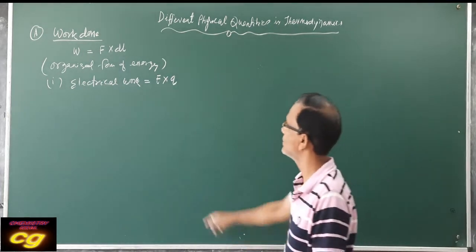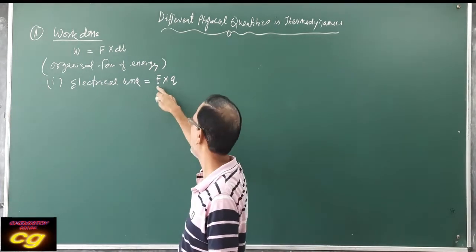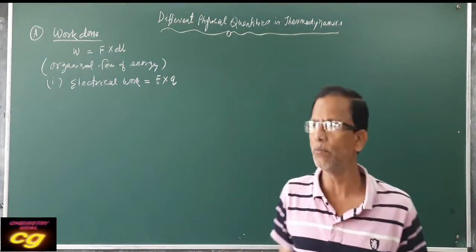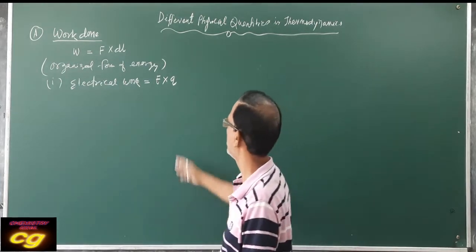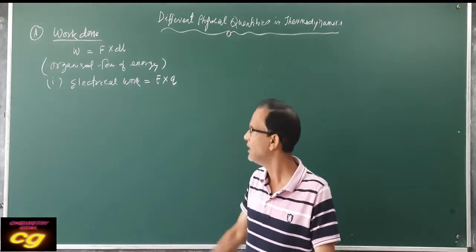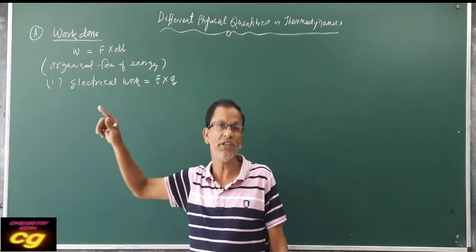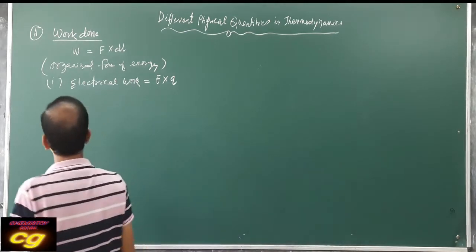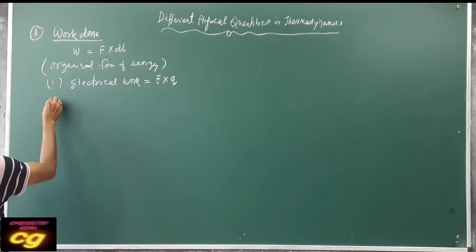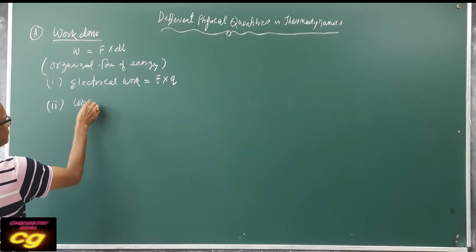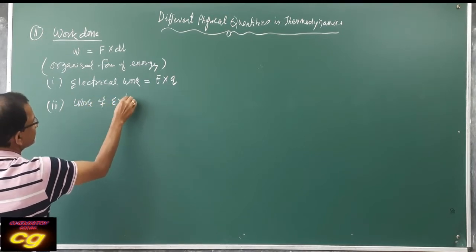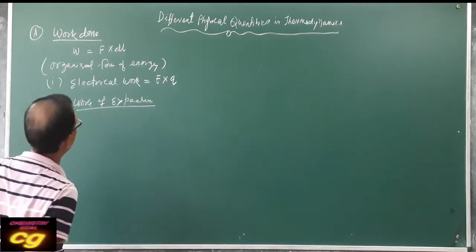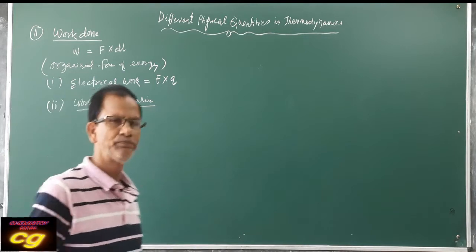The multiplication of potential and charge will give the electrical work done: how much EMF is produced and how much charge is involved. This product is electrical work done. Another work done is mechanical work, that is work of expansion. Work of expansion is also a type of work.